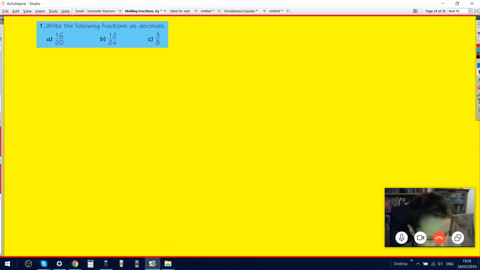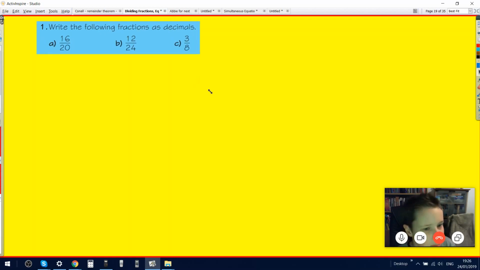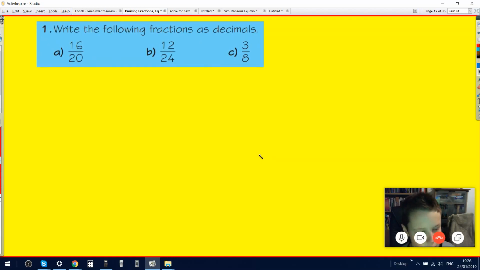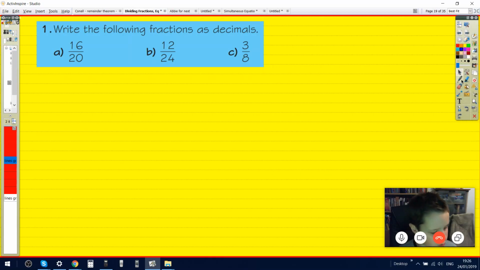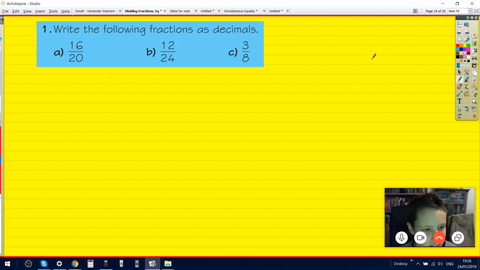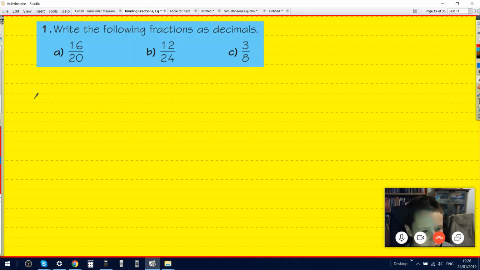Okay, how would you do part A? Write the following fractions as decimals. So part A is 16 over 20. Well, you times 20 by 5 to get to 100.